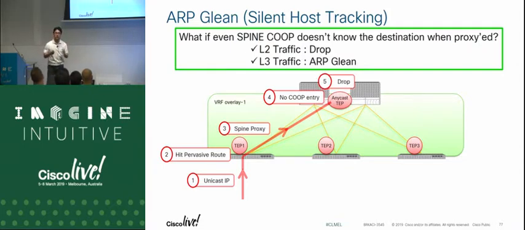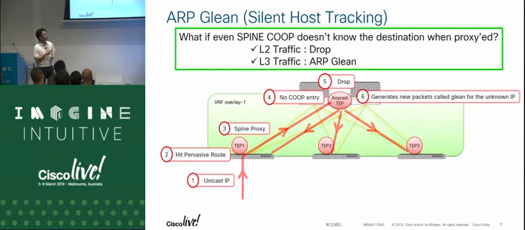Then after that, the spine will generate a new packet. That is called ARP glean. And then that is sent to all the leaves. And then all the leaves will check their bridge domain subnet to see if they have a mapping subnet for that unknown IP.